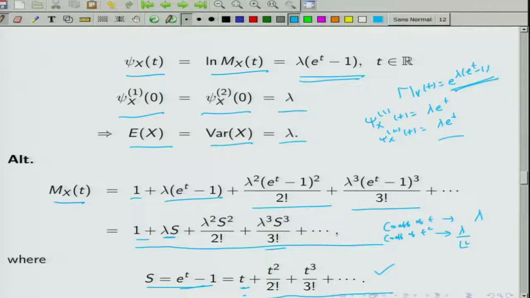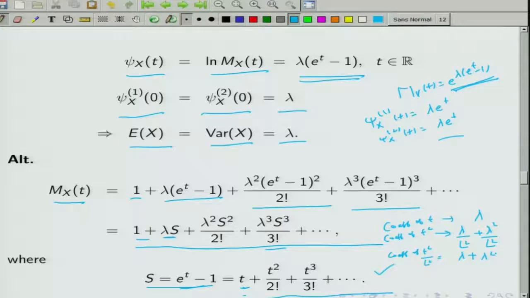Then it's square: when you square it, it would come as t square, and then the power would come as t cube. So only the coefficient of t square would come, and that would be lambda square by factorial 2. So the coefficient of t square by factorial 2 turns out to be lambda plus lambda square.